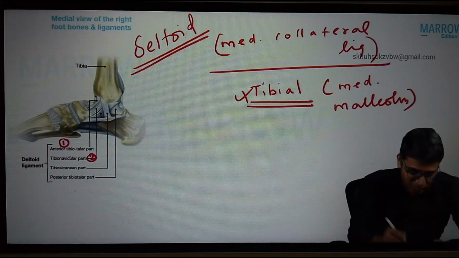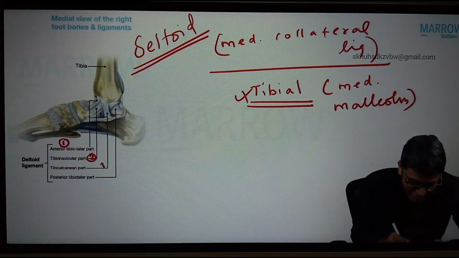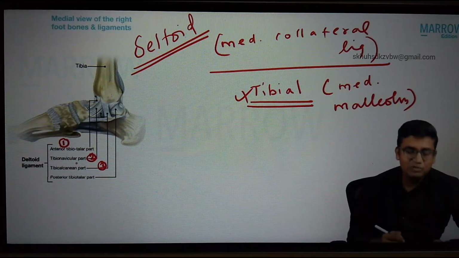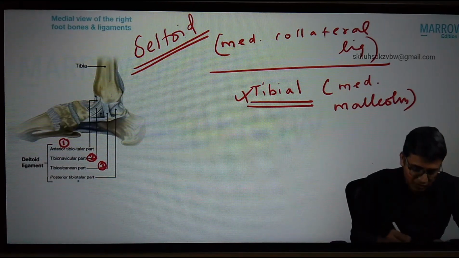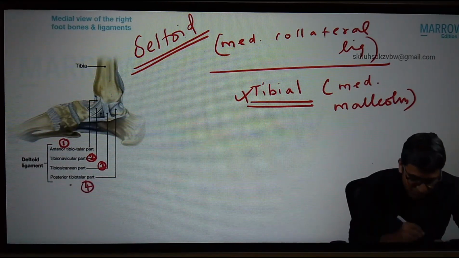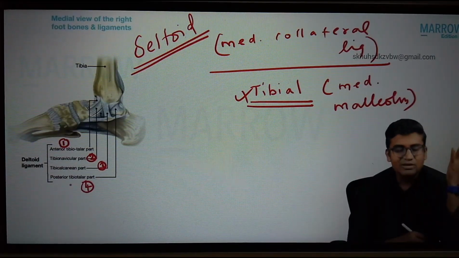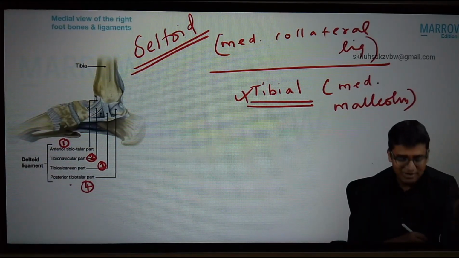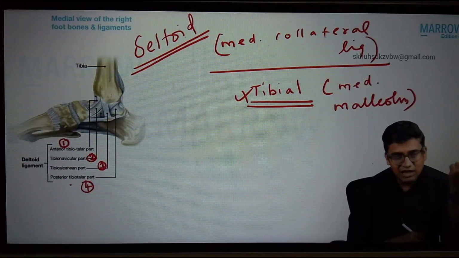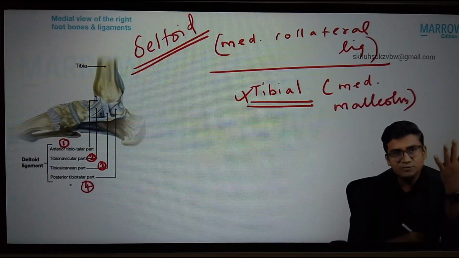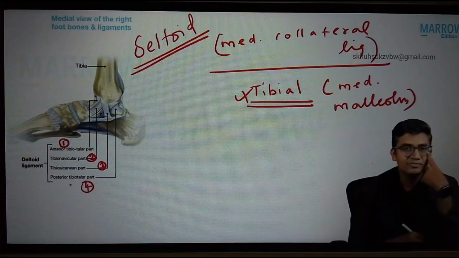From the tibia bone to the calcaneum bone, sustentaculum tali of the calcaneum, tibiocalcaneal, and tibia to the posterior part of the talus bone, posterior tibiotalar. So these four are the parts of deltoid ligament: anterior tibiotalar, tibionavicular, tibiocalcaneal, and posterior tibiotalar.